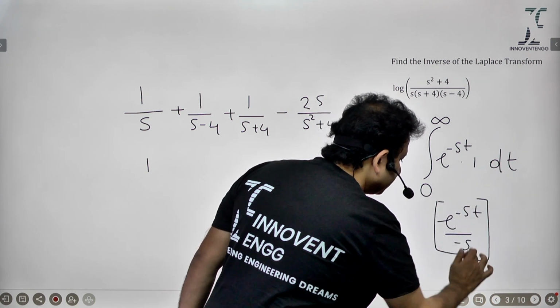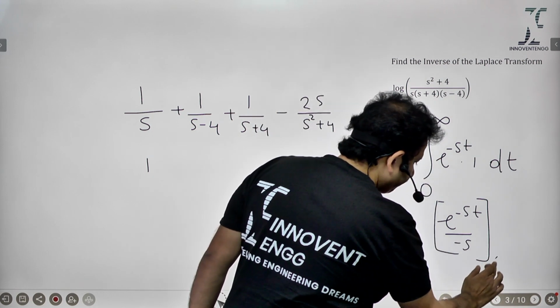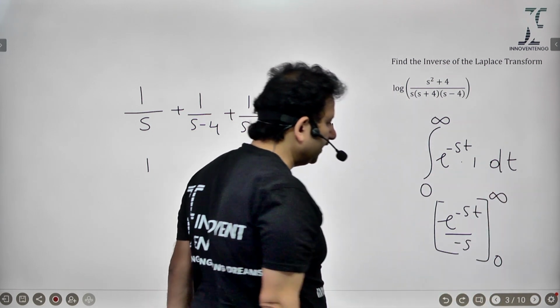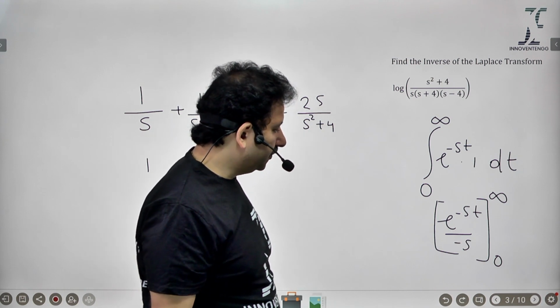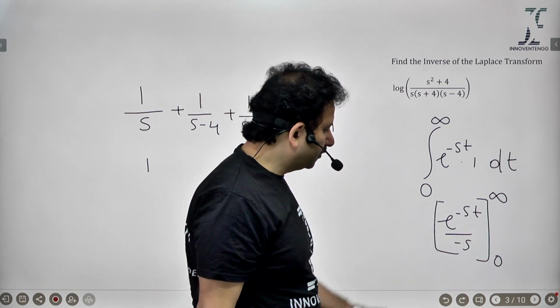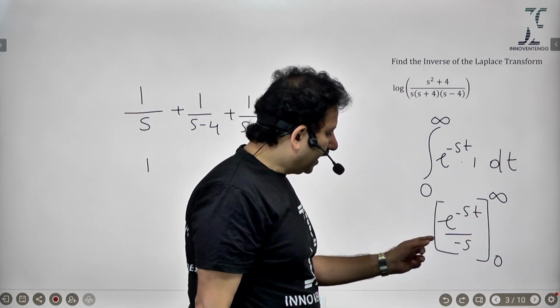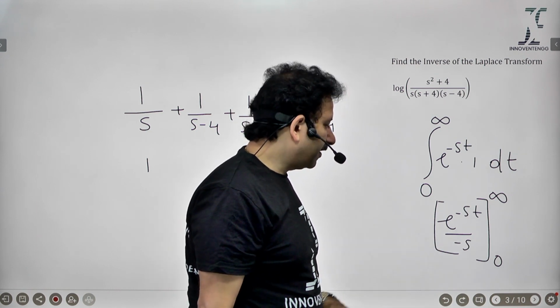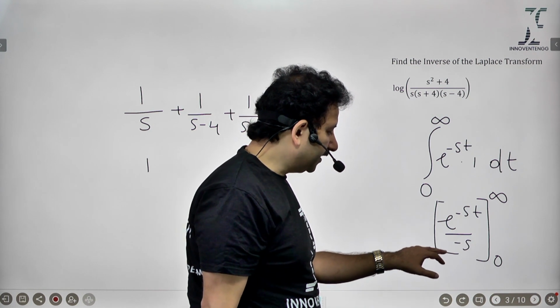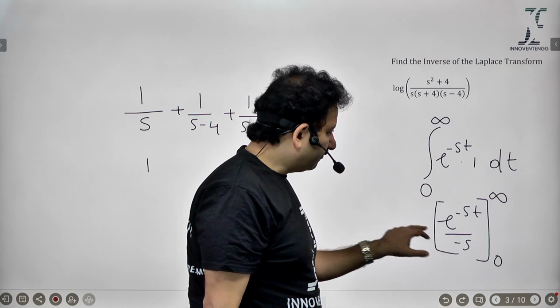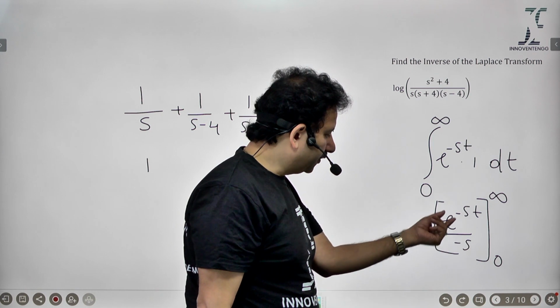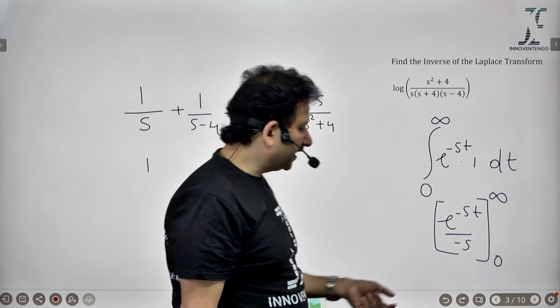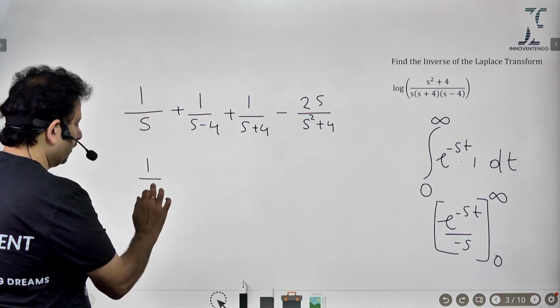And since the exponential function has a negative term, and the top limit being infinity, that goes to 0, and the bottom limit when you put t is equal to 0, e power 0 is 1, and since you subtract the result of top limit from the result of bottom limit, there is a minus, minus of minus becomes plus, and that becomes 1 by s.